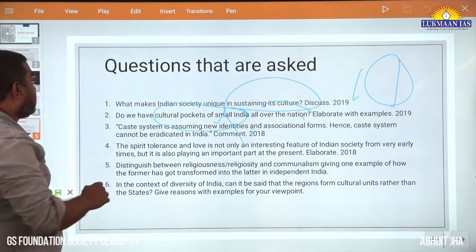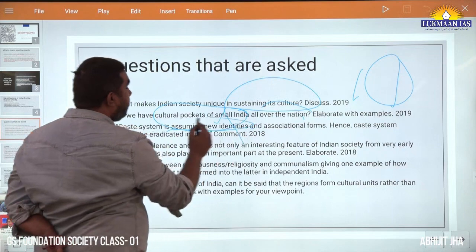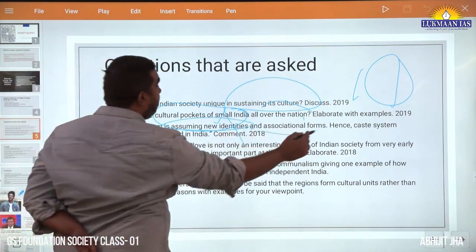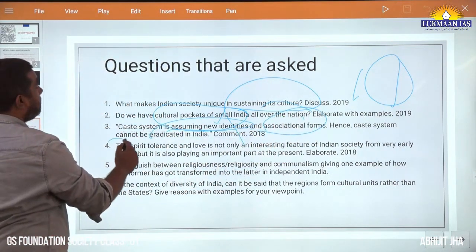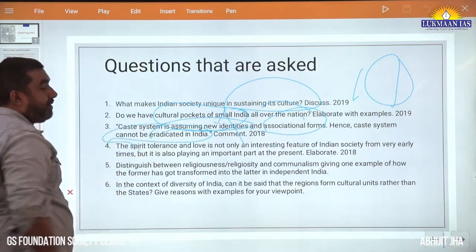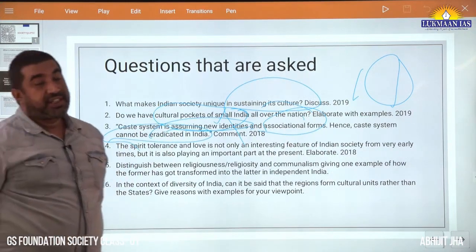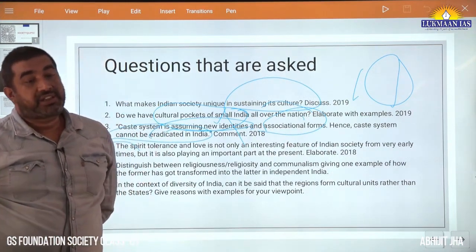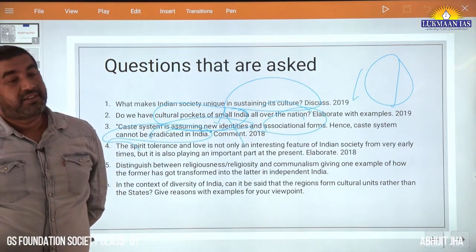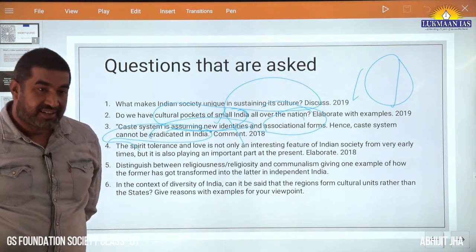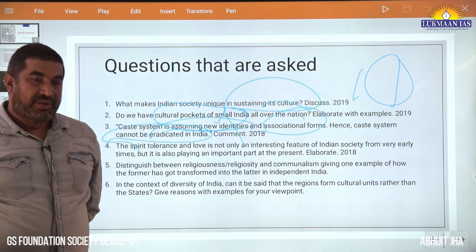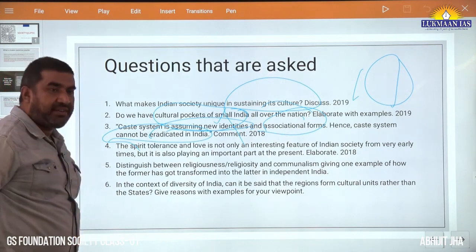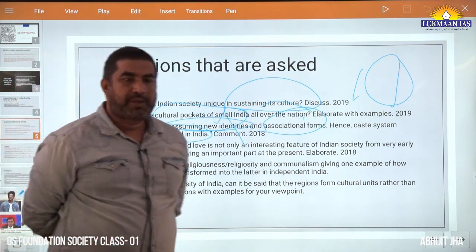Okay. Caste system is assuming new identities and associational forms. Hence, caste system cannot be eradicated in India. 2019, the era of Modi ji, re-election, social engineering. Particularly, there was also Chandrashekhar Ravan from UP.